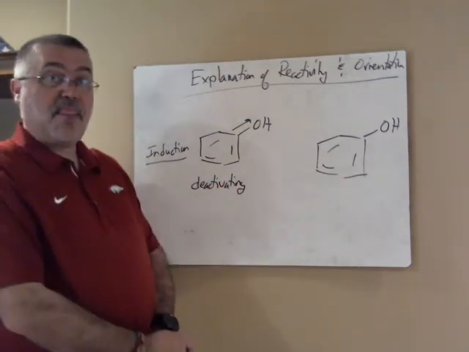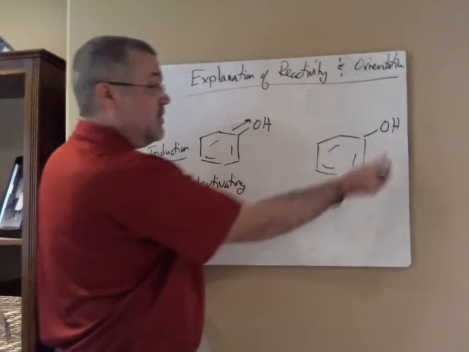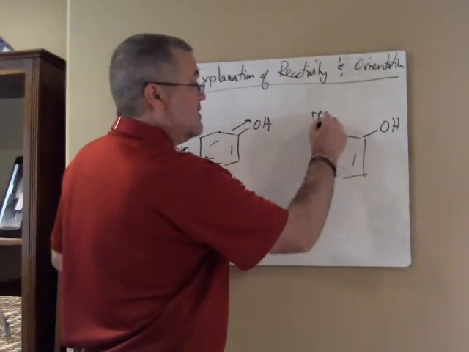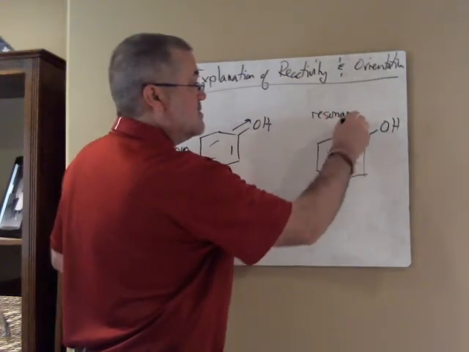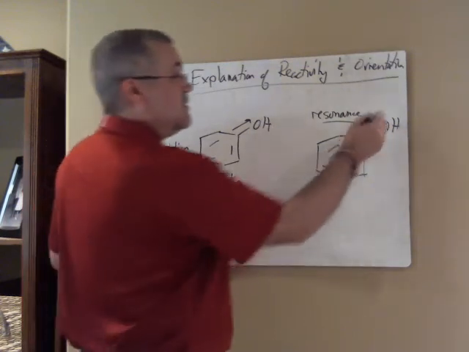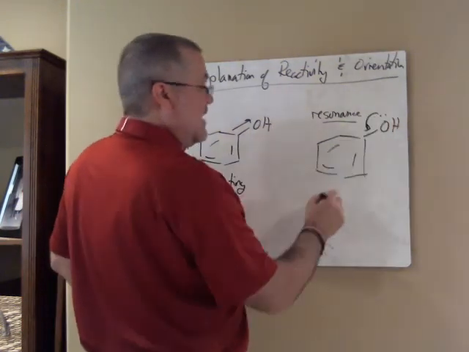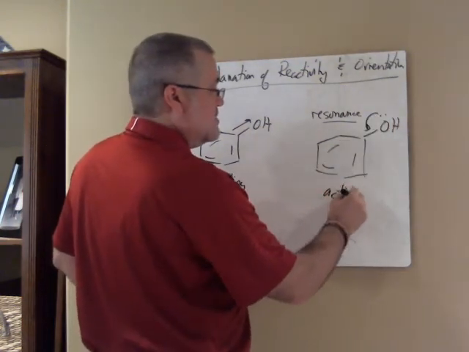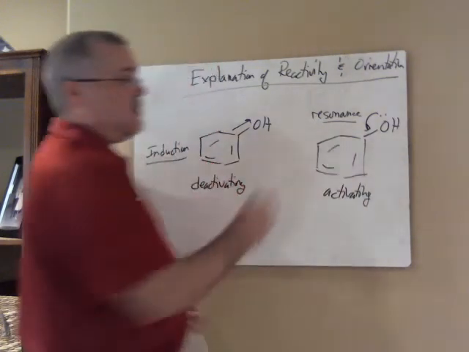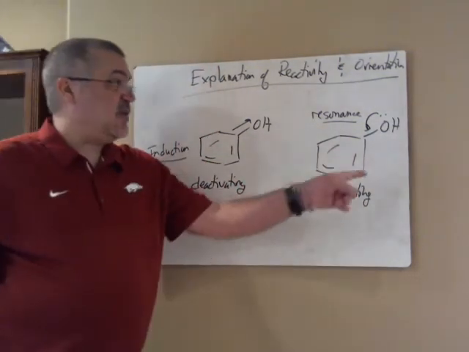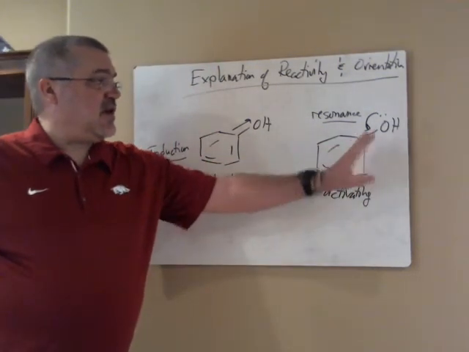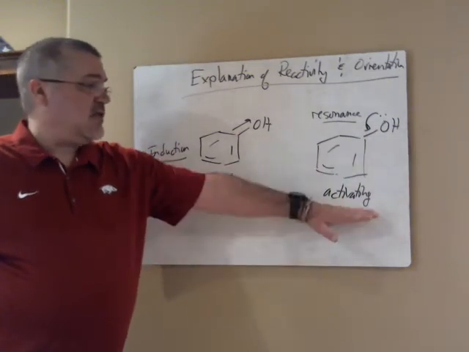Right? Well, just a second ago, we said that through resonance, this was actually activating. So with the resonance explanation, you're moving electrons into the ring, so that's activating it.